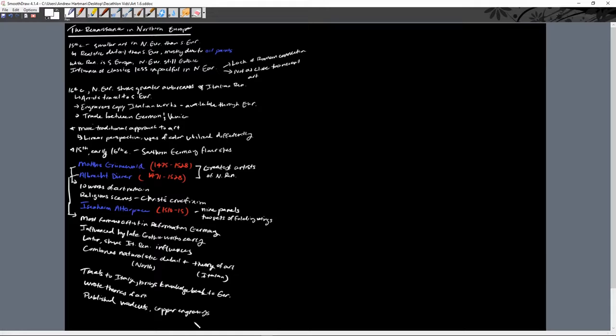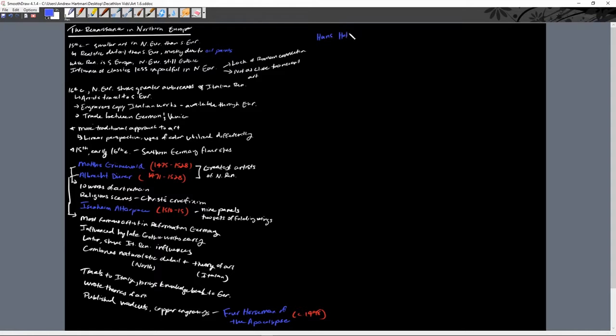The most famous of those is the Four Horsemen of the Apocalypse, which he makes in around 1498.